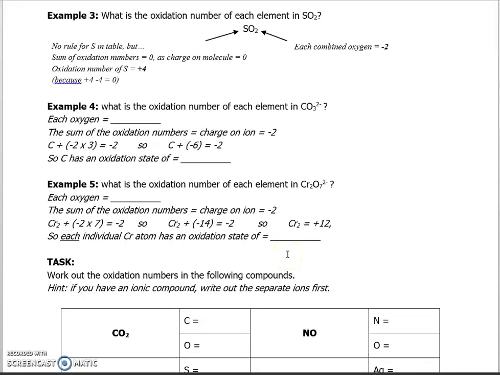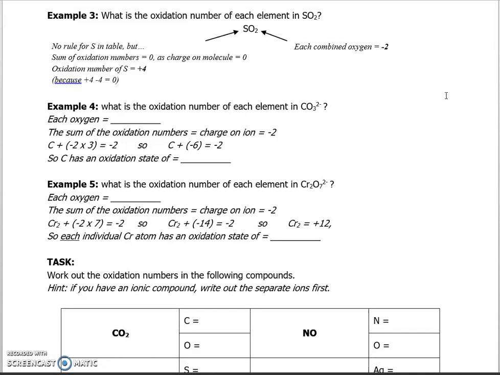So let's have a quick look at a few more examples. Sulfur dioxide up here at the top of the page. The question could be, what is the oxidation number of sulfur in this compound? Because sulfur is able to adopt a few different oxidation numbers. So we know that oxygen has an oxidation number of -2.